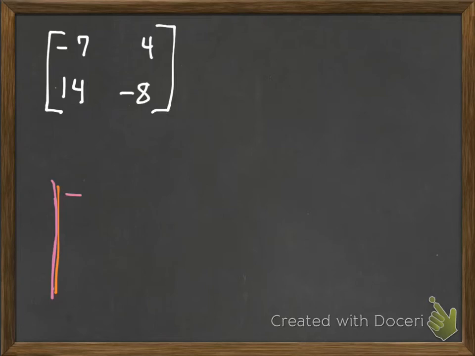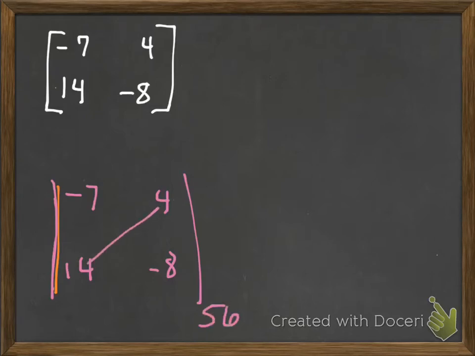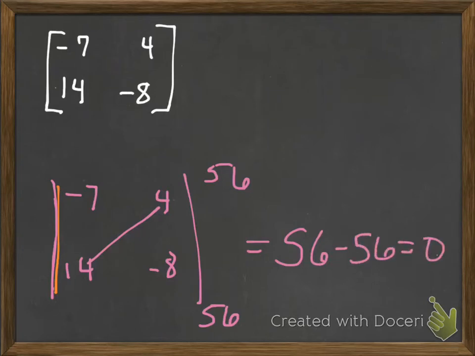So negative 7, 4, 14, negative 8. My downs, 56. My ups, 56, so downs minus ups results in 0.